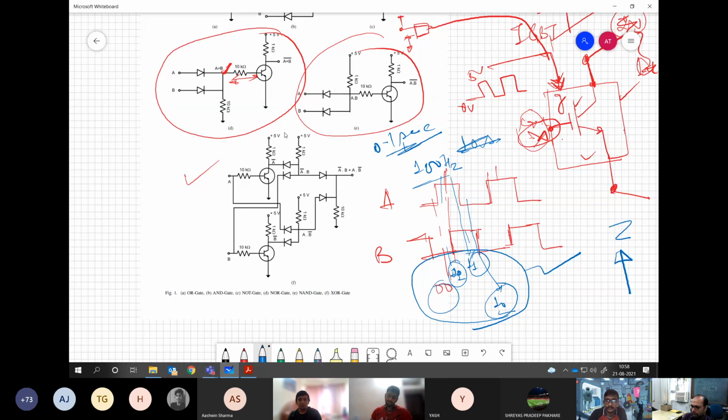Am I clear? Yes, sir. Within a few cycles you will be able to test all these things, but have sufficient time also, because these are physical devices. It may sometimes take time to go to one state from the present state, so keep this margin in mind.